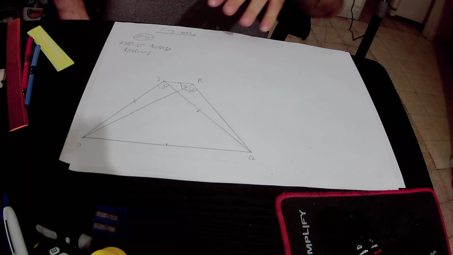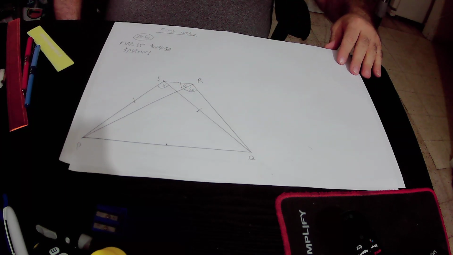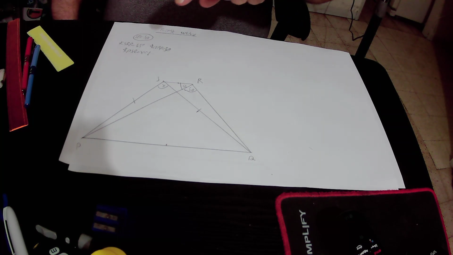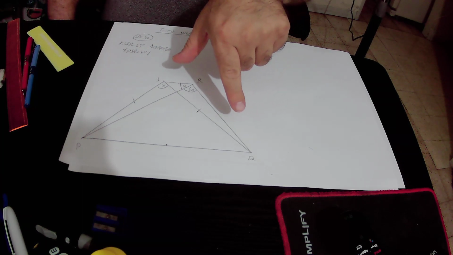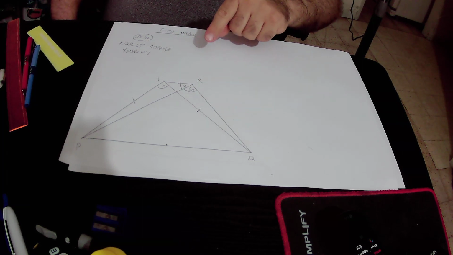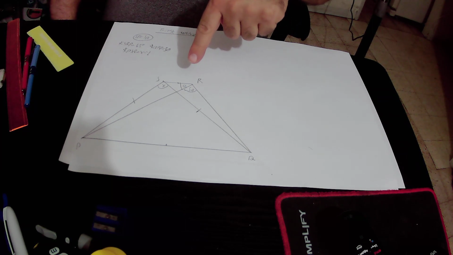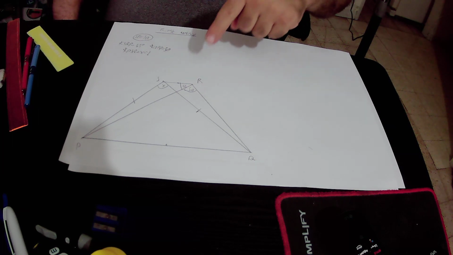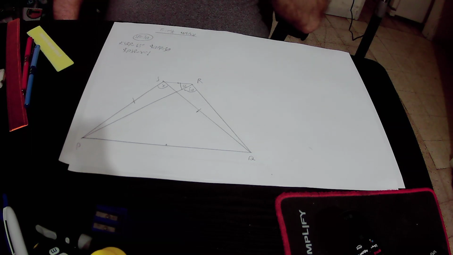In the drawing we have quadrilateral SRPQ, and we know that side SP is equal to side SQ, and we also know that angle SRP, this angle, is equal to 65 degrees, and angle PRS is equal to 50 degrees.